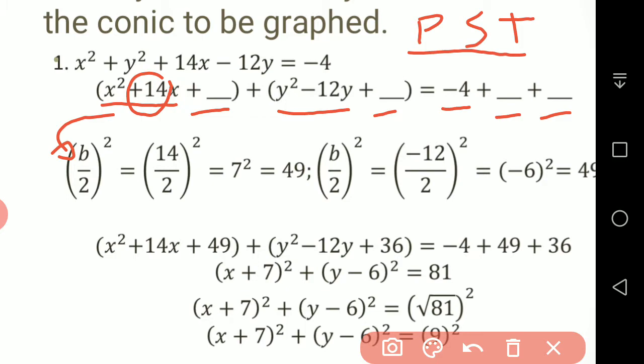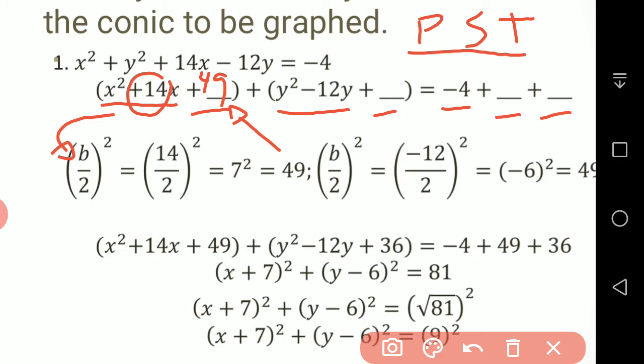Since our b here is 14, we get 14 over 2 squared, which is 7 squared, which is 49. So we put 49 over there.